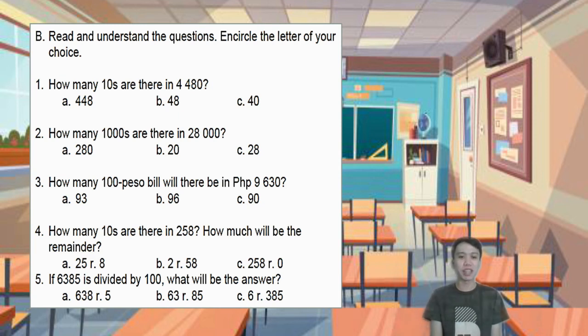B, 2 remainder 58. C, 258 remainder 0. Number 5. If 6,385 is divided by 100, what will be the answer? A, 638 remainder 5. B, 63 remainder 85. And C, 6 remainder 385.